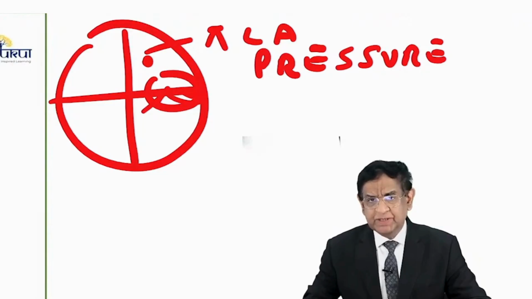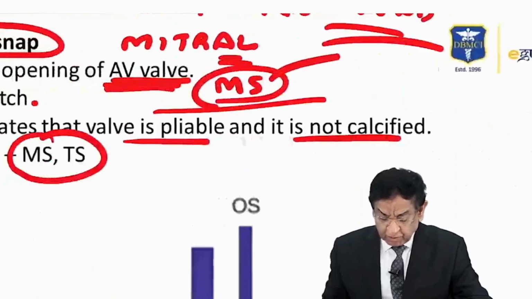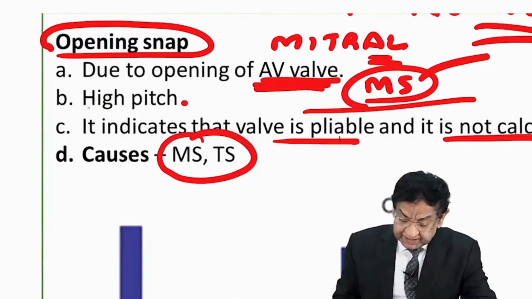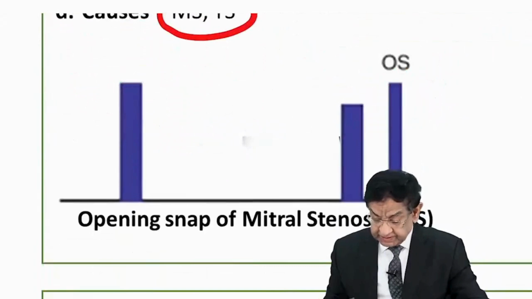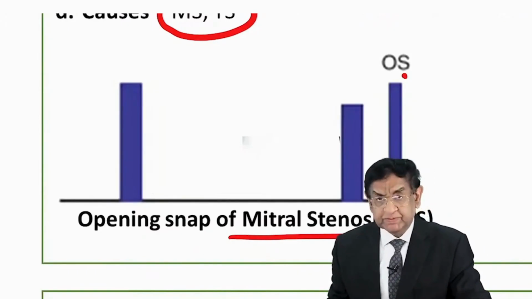Exactly the same theory. High pressure in the atria produces the so-called opening snap. But what is important to remember is that it is a high pitched sound. Okay, so you can see the opening snap just after the opening of the mitral valve.